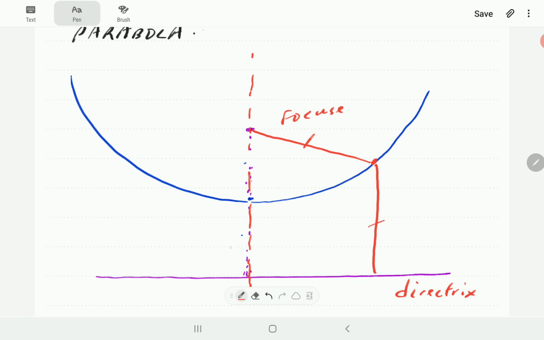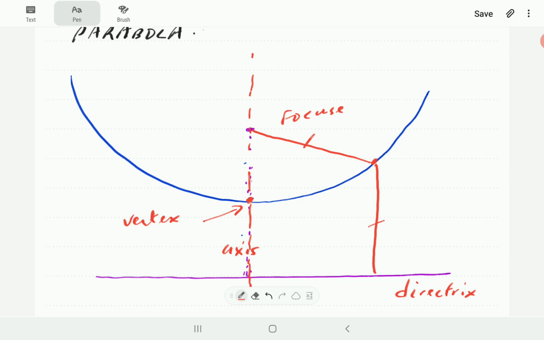So the line of symmetry is called the axis of symmetry, or just the axis of the parabola. And this point, which is midway between the line and the point through the axis, is called the vertex of the parabola. We've got the vertex here.